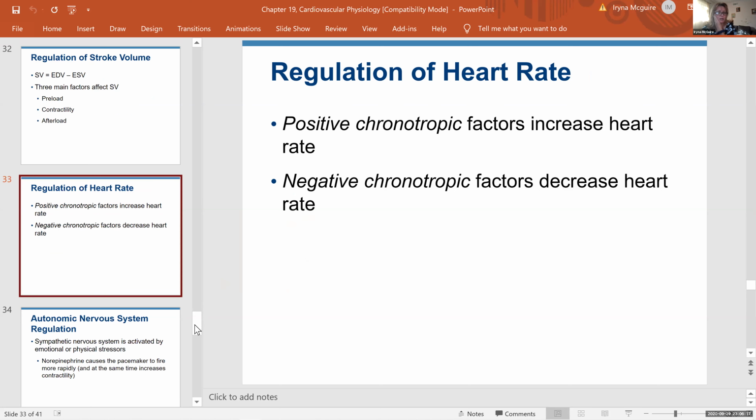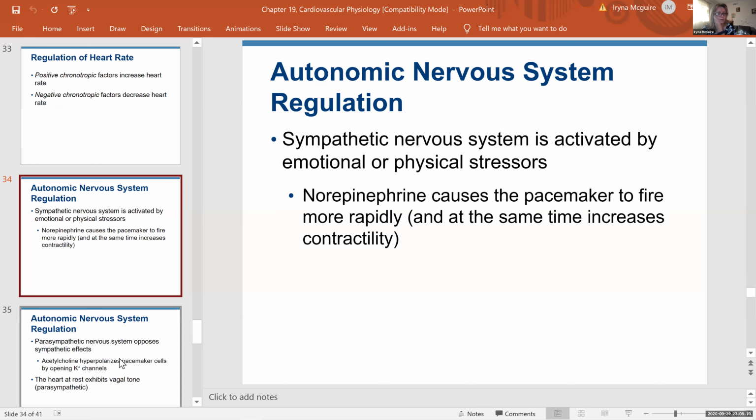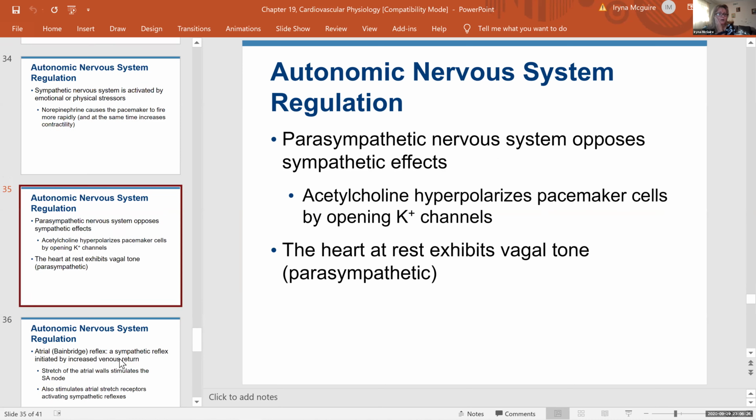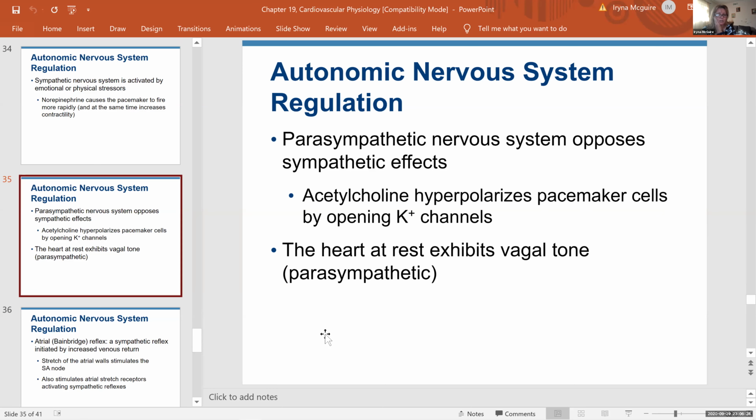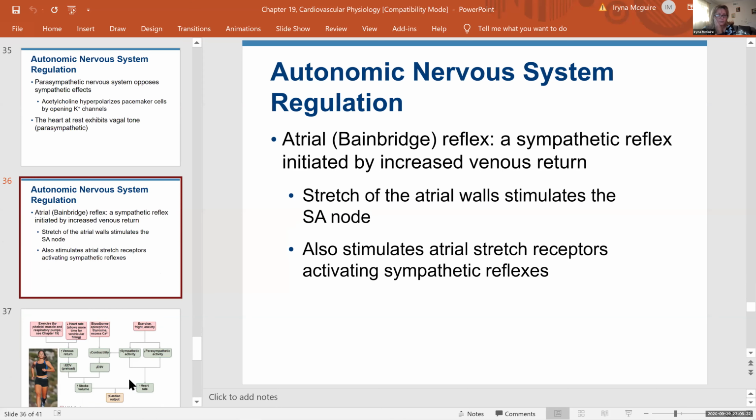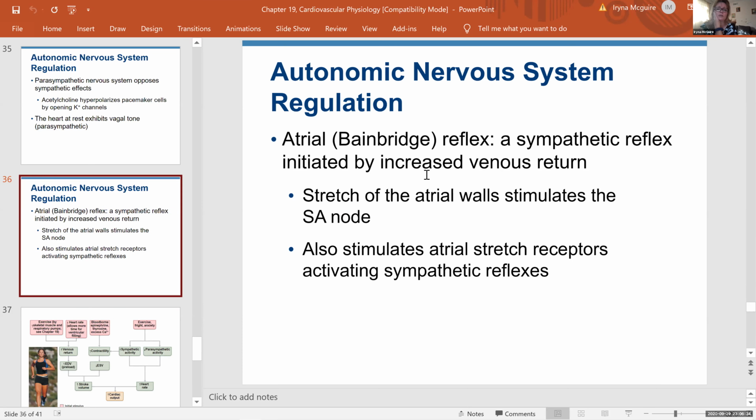We can regulate heart rate using the sympathetic or parasympathetic nervous system. And of course, sympathetic increases, parasympathetic decreases heart rate. Also, heart rate can increase because of this atrial reflex, so more blood returns to the heart, and it will increase heart rate.